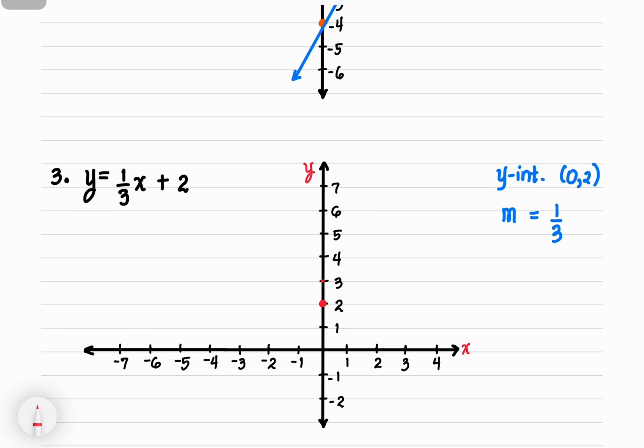Ayan. Pero, hindi tayo dyan mag-shade, no? Or gagawa ng point. And then, run 3 units going to the right. Kasi positive yung ating slope. Okay, from this point. So, bilang tayo 1, 2, 3. So, nandito siya.